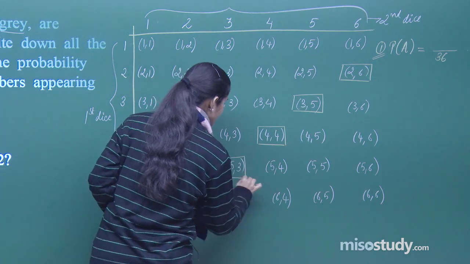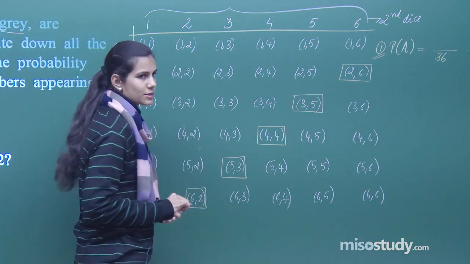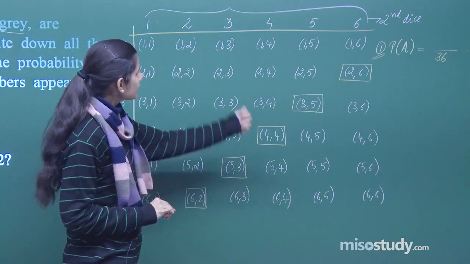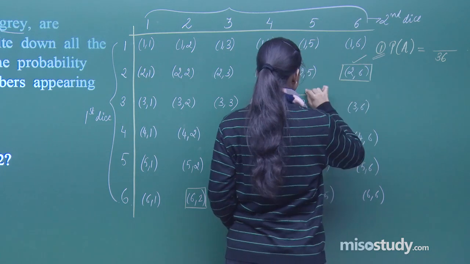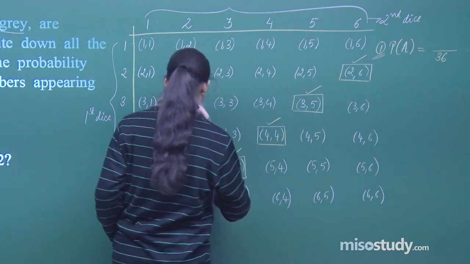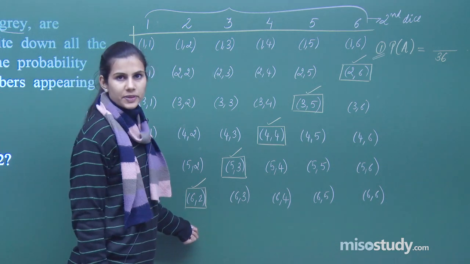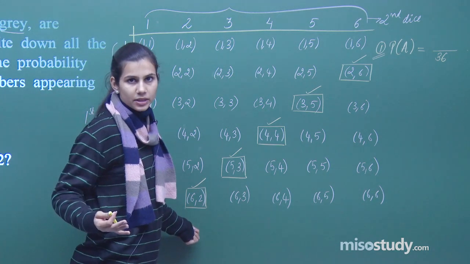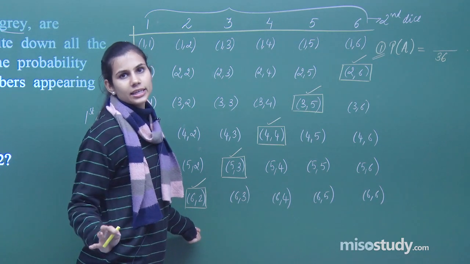This is favoring event A because 5 plus 3 is 8. And this is favoring event A because 6 plus 2 is 8. Out of the 36 possible outcomes, only these 5 outcomes are actually the outcomes which, if they come up, are going to favor my event A.